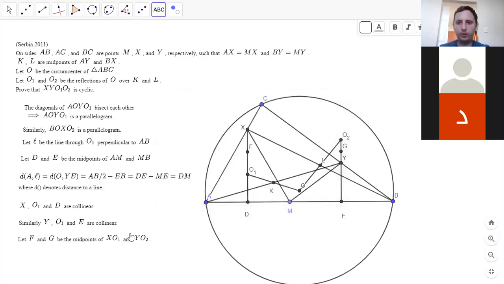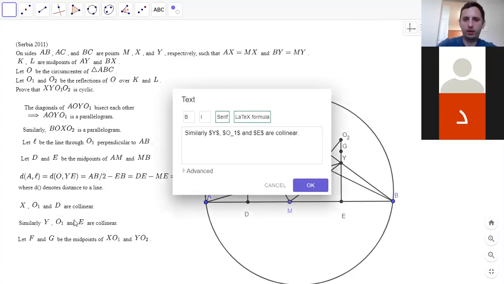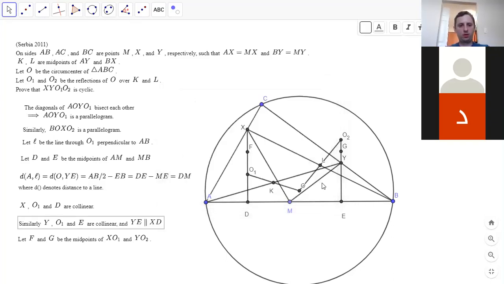And then we want to show FD is equal to GE. And right here I'll say YE is parallel to XT. So O1D, we want to show FD is equal to GE.